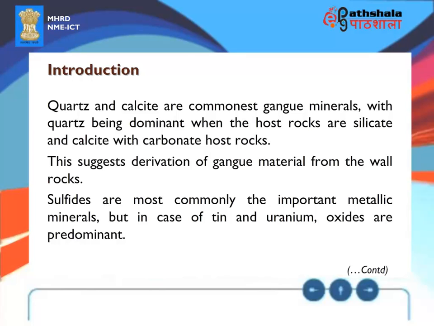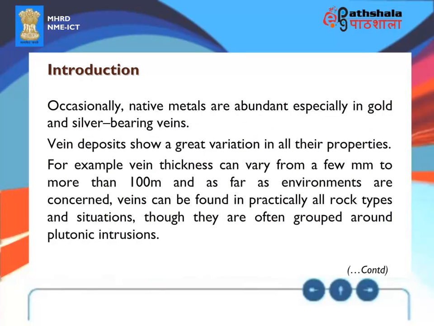Sulfides are most commonly the important metallic minerals, but in the case of tin and uranium, oxides are predominant. Occasionally, native metals are abundant, especially in gold and silver-bearing veins. Vein deposits show a great variation in all their properties.